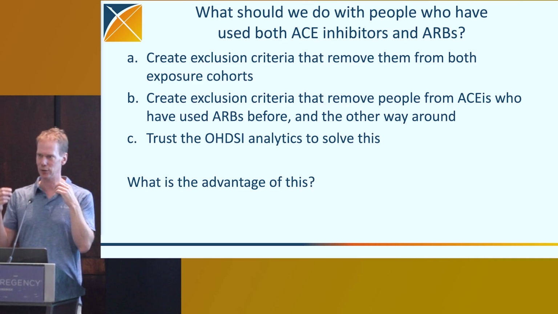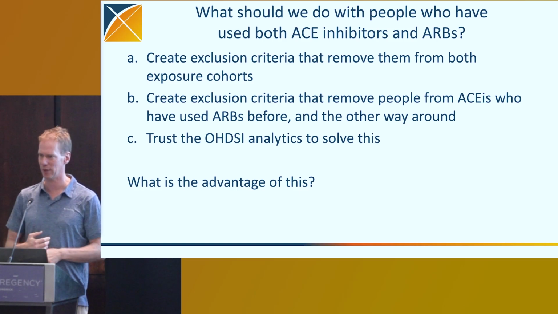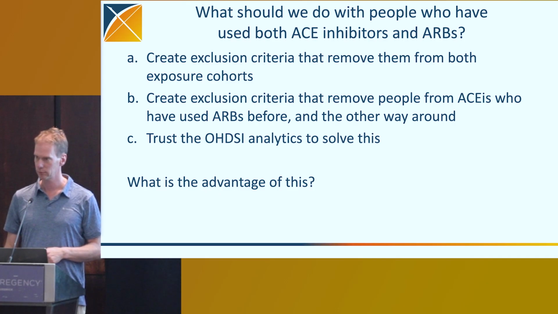And then the third one is you keep both, but now you have a weird situation where you could have the same patient, basically, in the analysis twice, and you could remove the overlap time, but that's not something I would recommend. So basically, by default, there is censoring when the other drug is added.